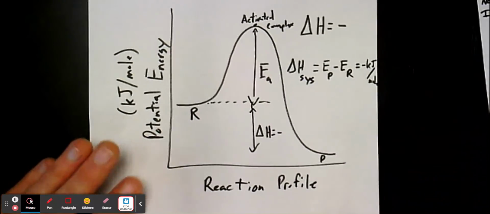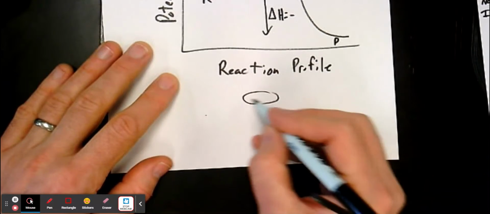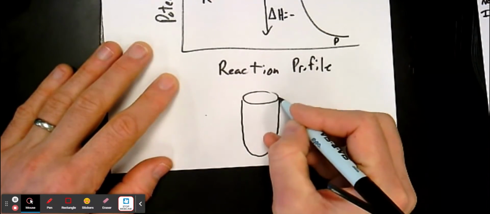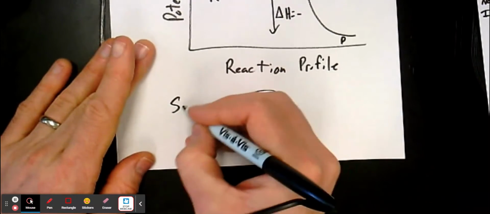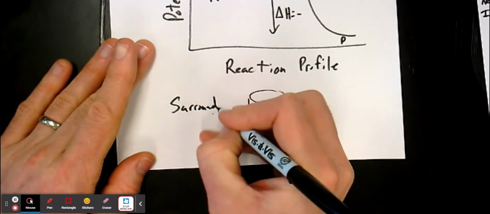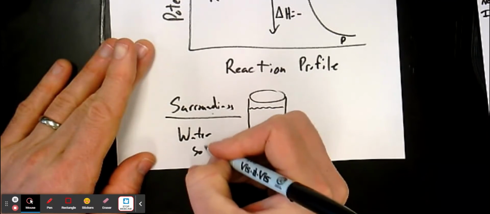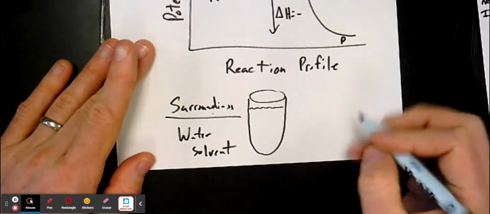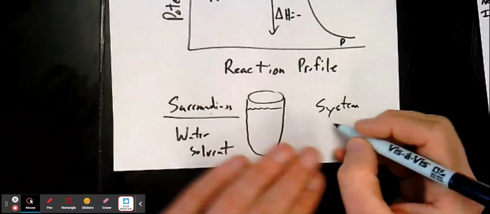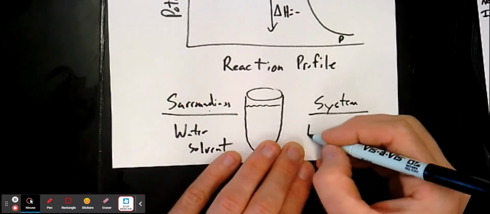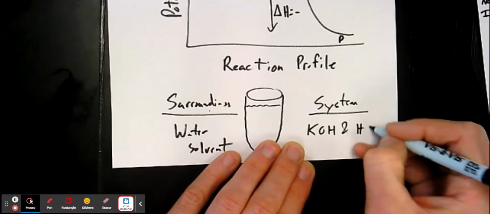Now, in this reaction, this is important. The surroundings is the water, the solvent. And the system is your potassium hydroxide and the HCl.